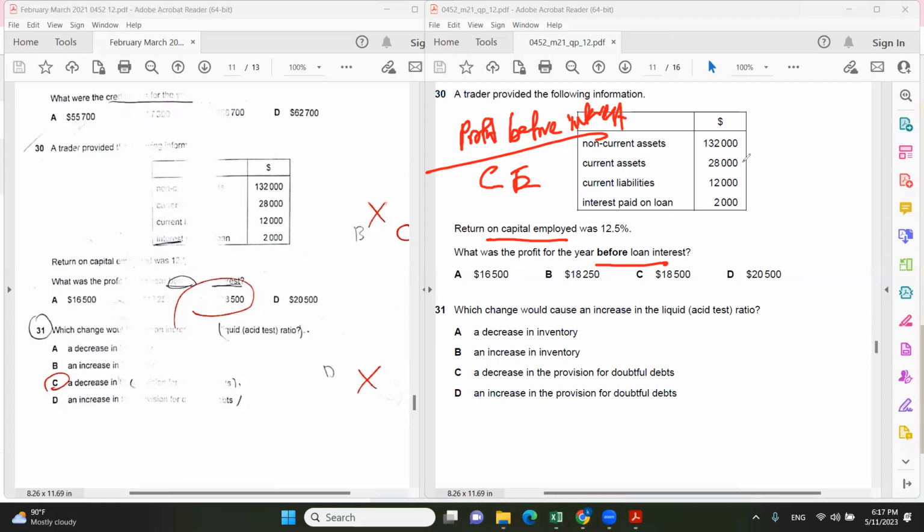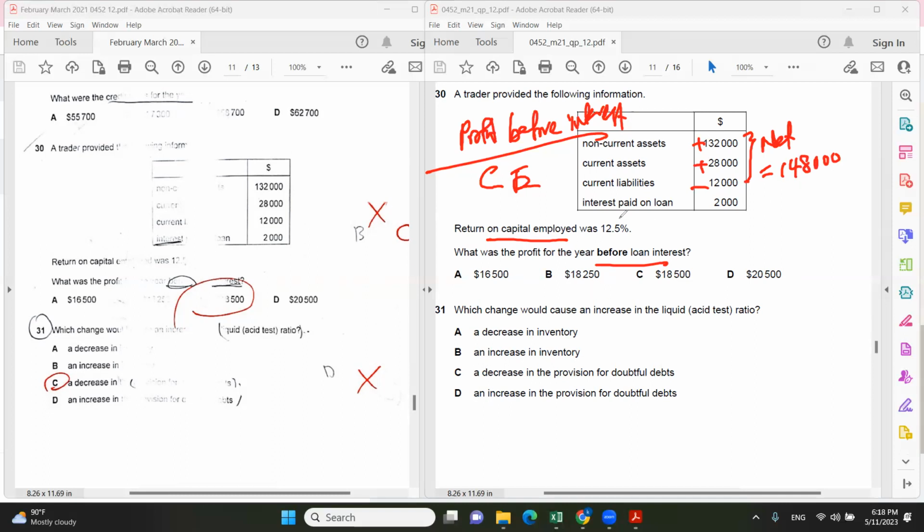So we have non-current asset and current asset, interest paid on the loan. The net is 132 plus 28 minus 12. We get 148,000. This is the capital.